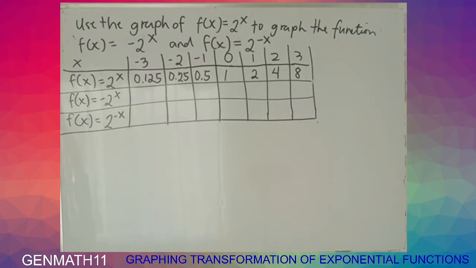So, yung values natin dito, which is yung ating f of x equals 2 to the x power, or yung mga values of y natin dito sa ating table of values is based on our discussion last time. So, meron na tayong values ng f of x is equals to 2 to the x power, or ito yung mga values ng y ni f of x is equals to 2 to the x power.